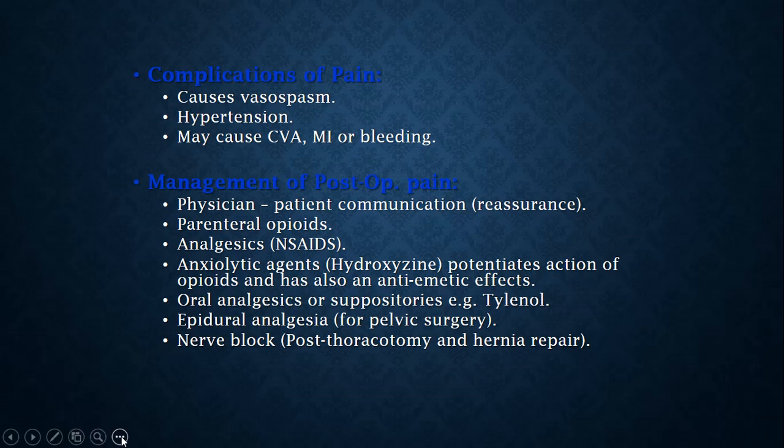Oral analgesics or rectal suppositories can be given in select populations. Epidural analgesia is a very good choice for pelvic surgery, and patient-controlled analgesia is the best option in the postoperative period. Nerve block, particularly post-thoracotomy or post-hernia repair, is one of the best ways to control pain.